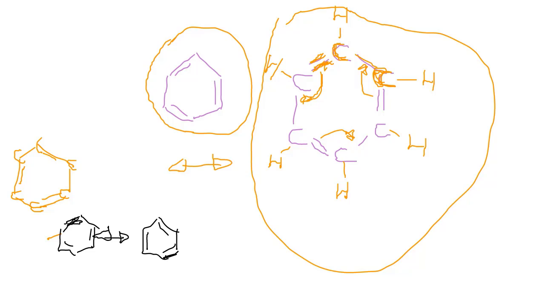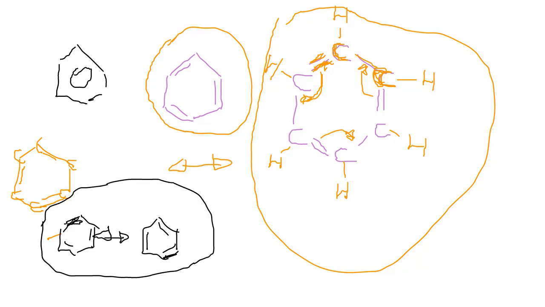And sometimes you will see the benzene written like that, with a circle inside. And that means that the electrons are stabilized by resonance. Benzene and all the aromatics are very stable compounds because of that resonance.